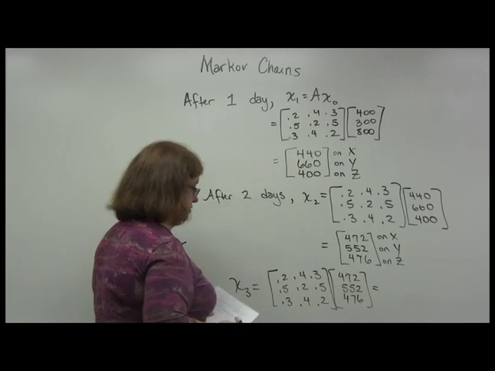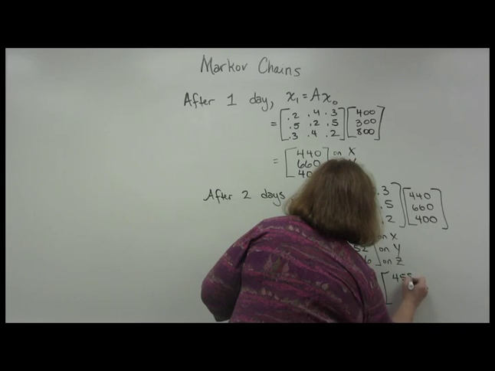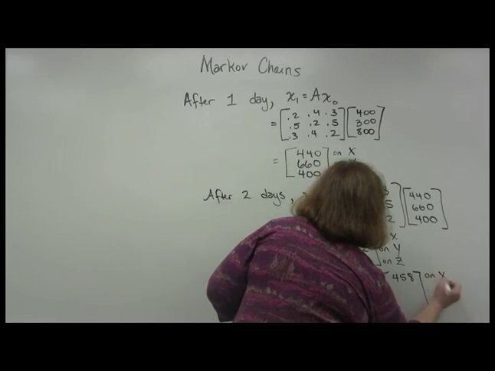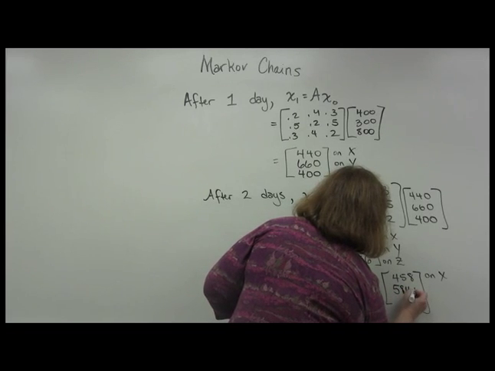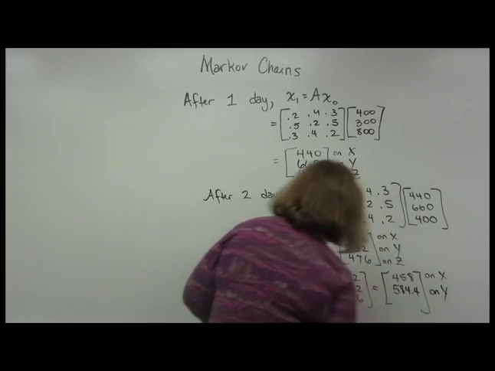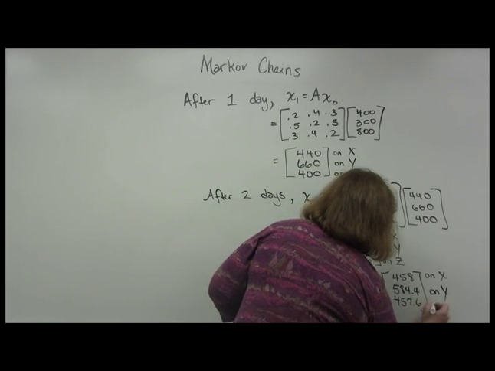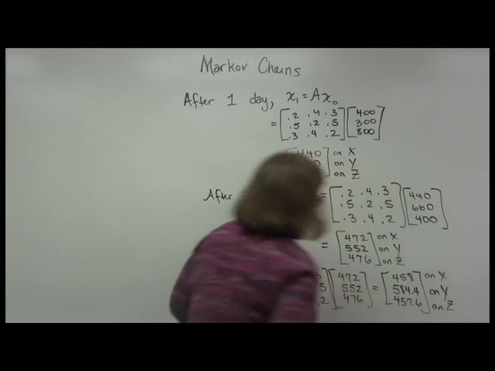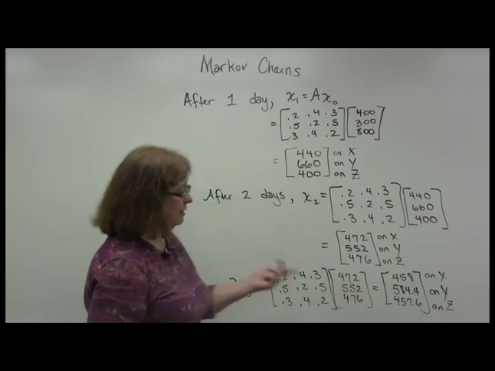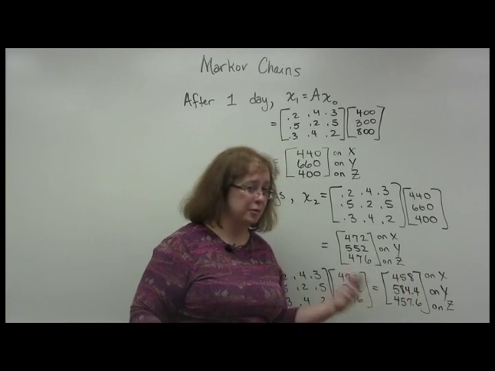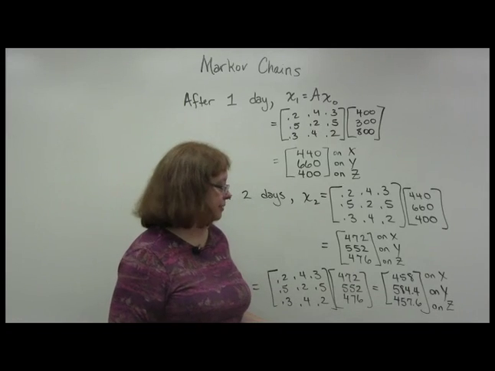And I'll find out that after 3 days, I have 458 on X, 584.4 on Y, and 457.6 on Z. Now maybe we're dealing with units that are actually millions or something. You know, I probably don't have 0.4 of a bird. It's just an illustration. You know, 0.4 of a bird probably couldn't fly.